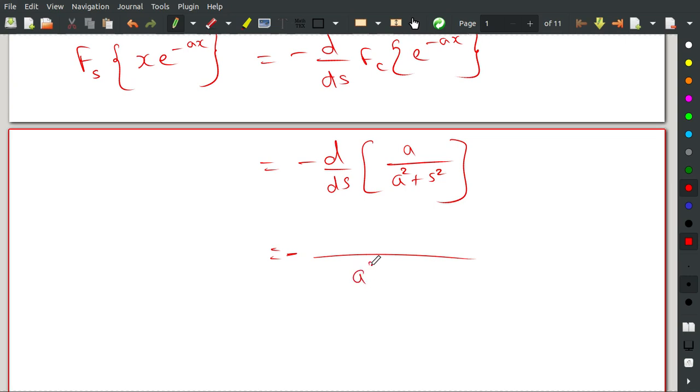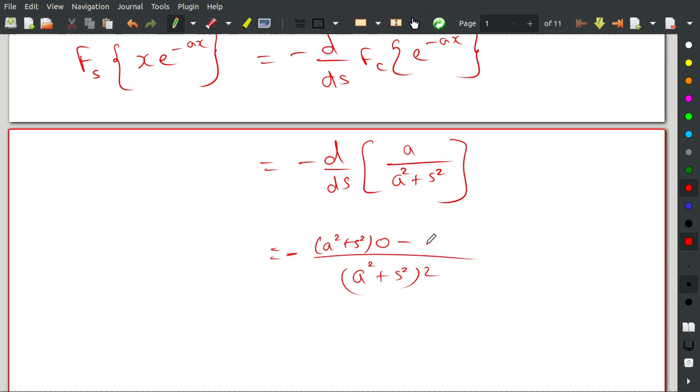Therefore this is (a square plus s square), the whole square, and v du, v is our a square plus s square into du, and du is da by ds, which is 0, minus u dv.